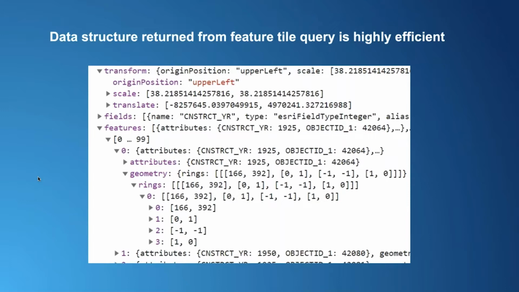In this case, you'll note that the first coordinate in the polygon is the screen coordinates of the first vertex. And then every other coordinate after that in these rings, these zeros and ones and negative ones, those are coordinates relative to that originating point. And the JavaScript API knows how to translate those back into real world coordinates using this translation parameter.